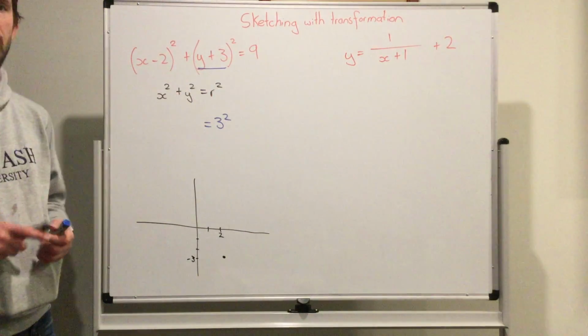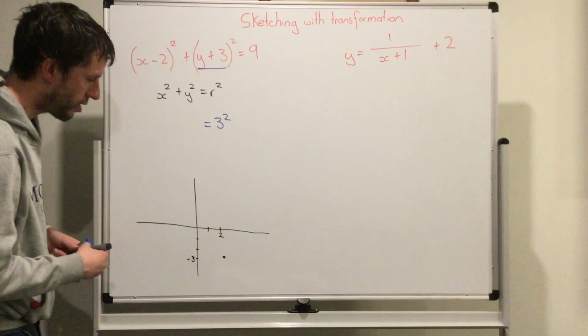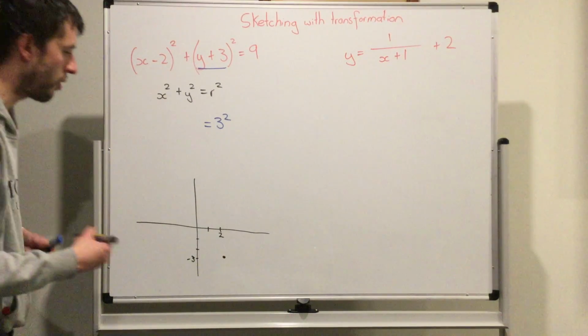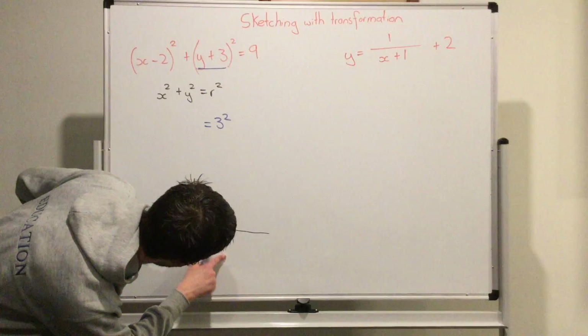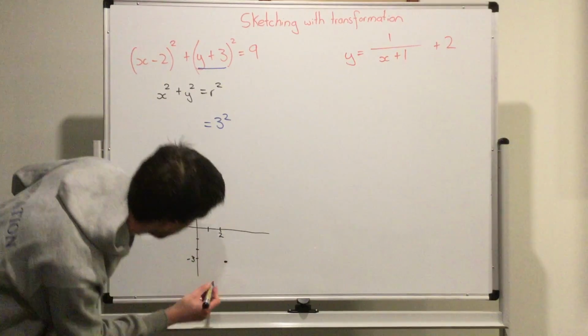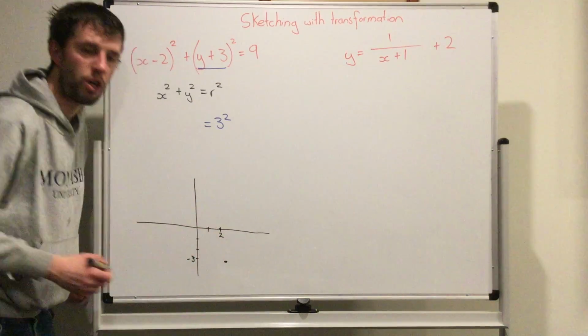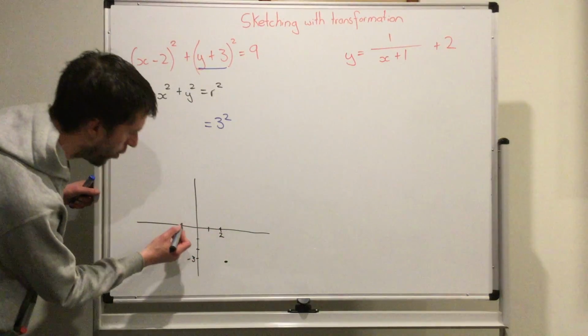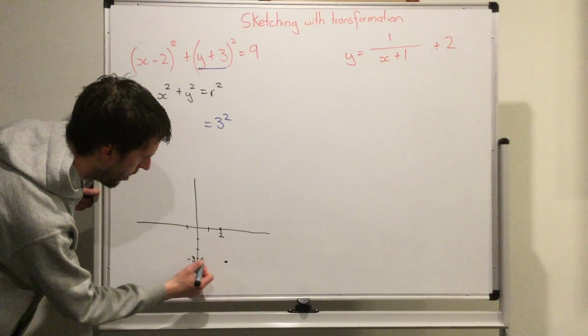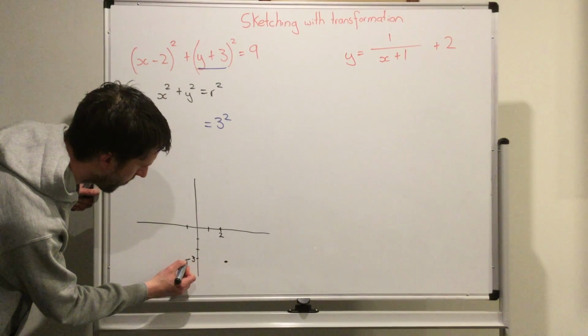Now I know the radius is 3. So if the radius is 3, then that is 1, 2, 3. So the edge of the circle is here. I can go over 1, 2, 3.